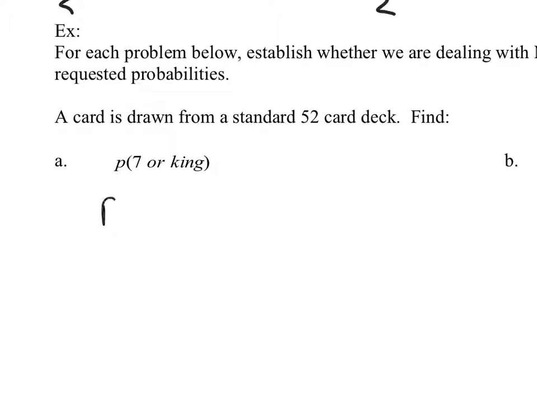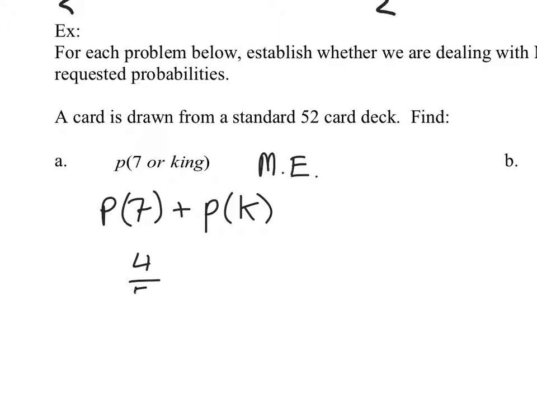No. So we're just looking for the probability of 7 plus the probability of getting a king. All right, so this is mutually exclusive. Two events that can't occur at the same time. All right, so 4 out of 52 plus 4 out of 52 is going to be 8 out of 52.